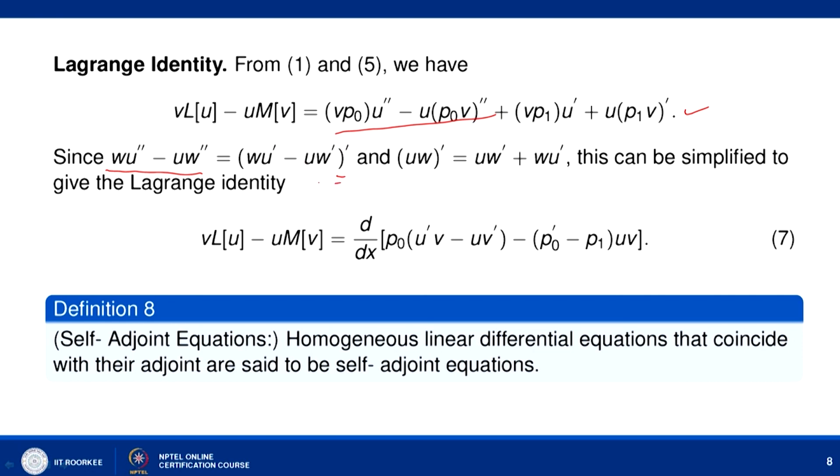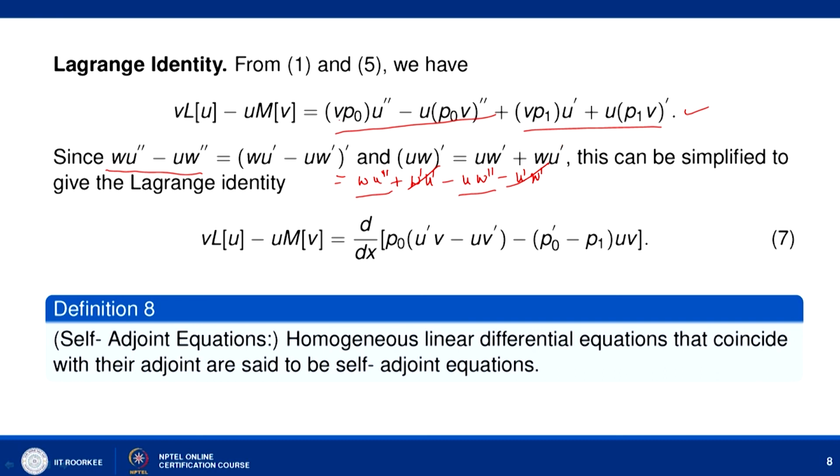If you simplify this, it is w u double dash plus w dash u dash minus u w double dash minus u dash w dash. Now this will cancel out and we have w u double dash minus u w double dash. Here this is simply the product rule for the derivative of functions.